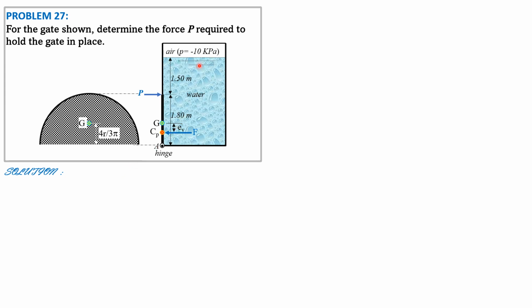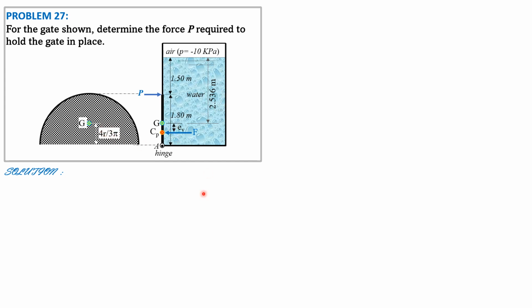Then, therefore, the distance from G to the water surface is 1.5 plus 1.8, 3.3 minus 4r over 3 pi, and that is equal to 2.536 meters. Again, that 2.536 is 1.5 plus 1.8, so 3.3 minus 4r over 3 pi.